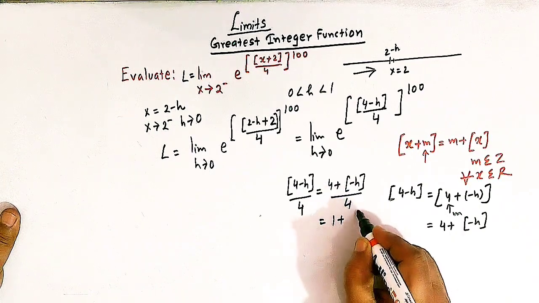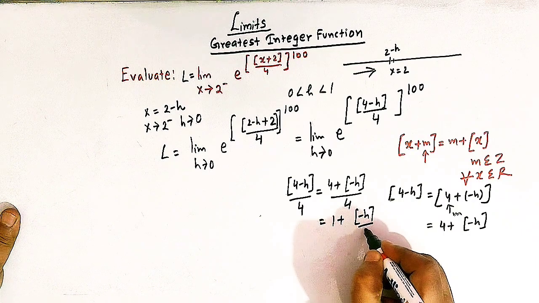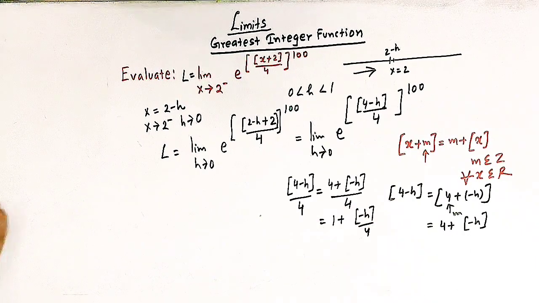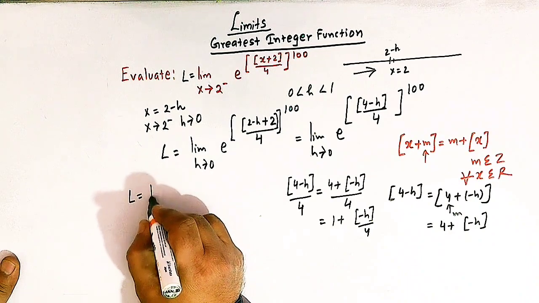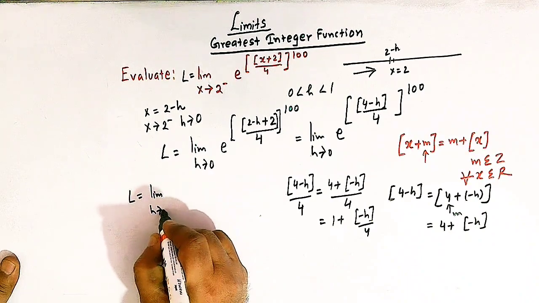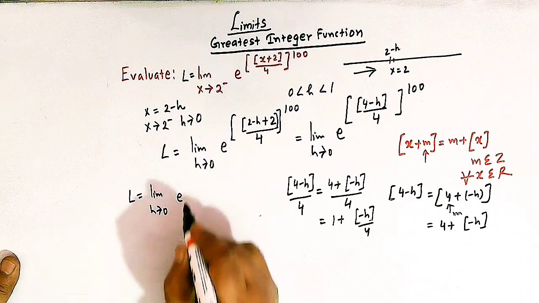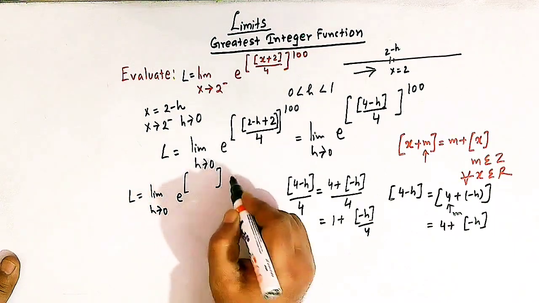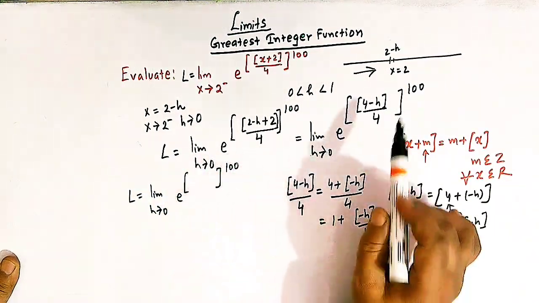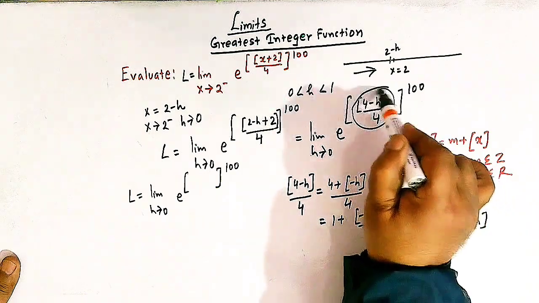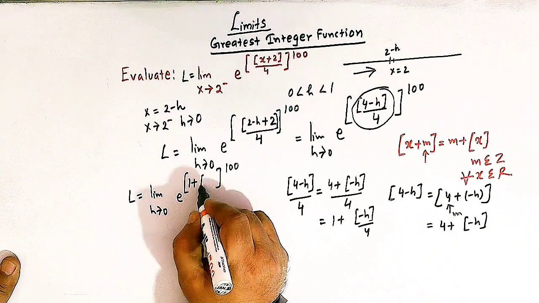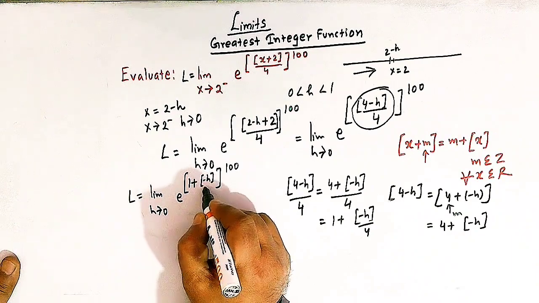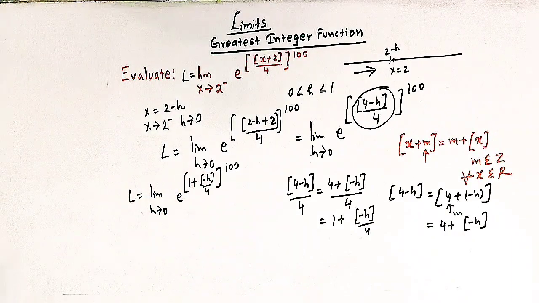So we have 1 plus greatest integer of (minus h) over 4. Now this limit L takes the form limit h tends to 0 of e raised to the greatest integer raised to 100, and for this term we write 1 plus greatest integer of (minus h) divided by 4.